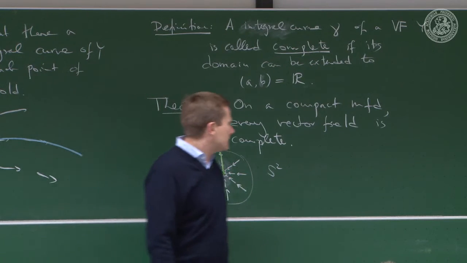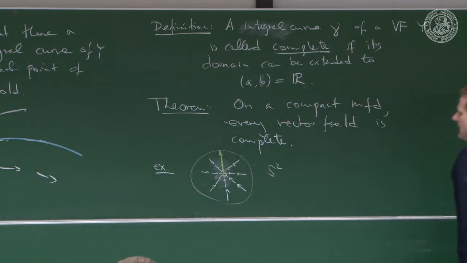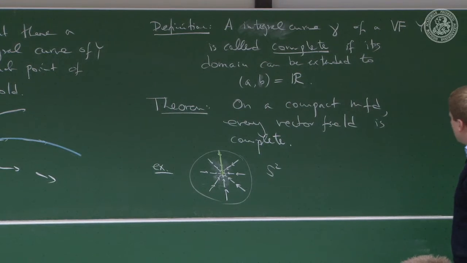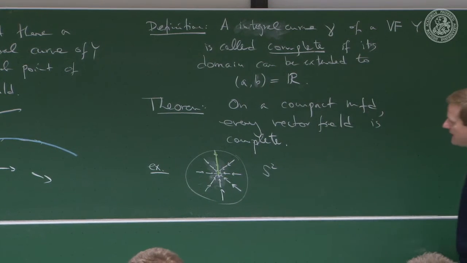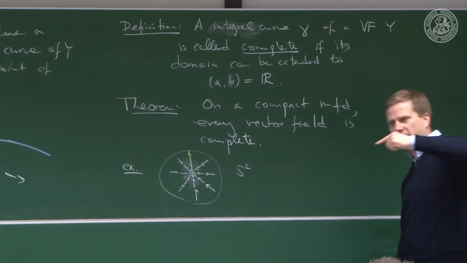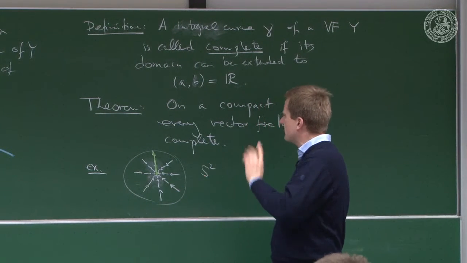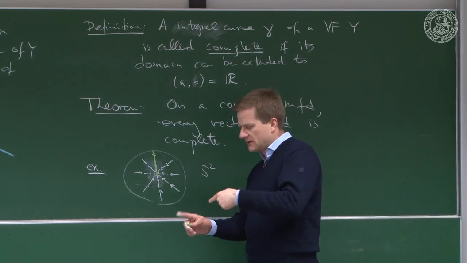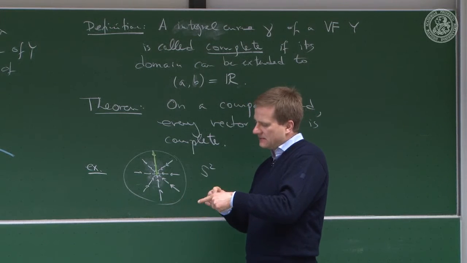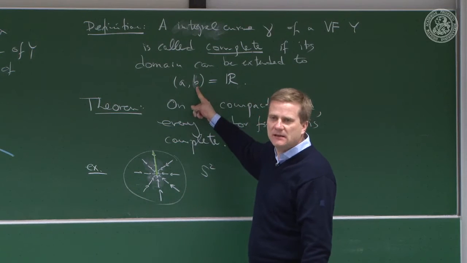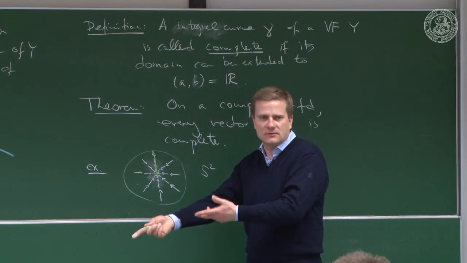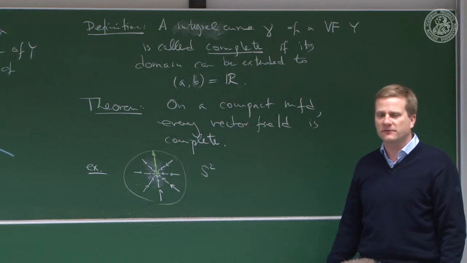Okay? And now if you have a non-compact manifold, you can have such situations that you have a curve and you come to a point, and there's a vector field on there, and you come to a point for a finite parameter b, and you cannot continue, or it's no longer an integral curve.